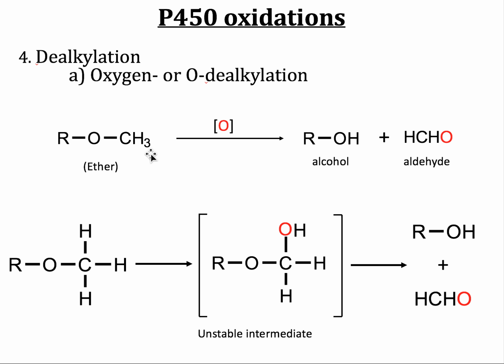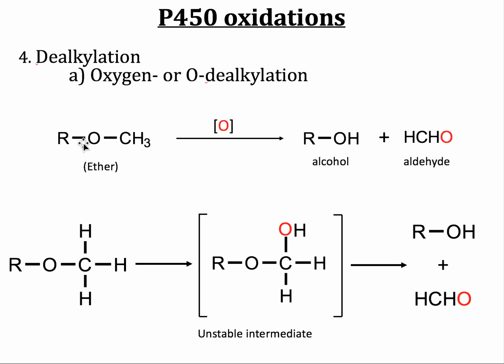Think back to when I first mentioned what dealkylation was. There are 3 different types: N, S, and O dealkylation. For O dealkylation, what you're looking for is an ether.